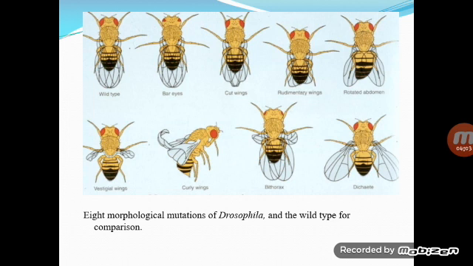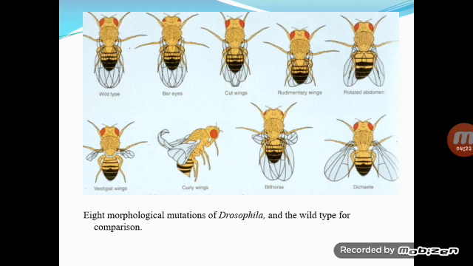Most of the mutant phenotypes are self-explanatory, like the first one top left is the wild type.